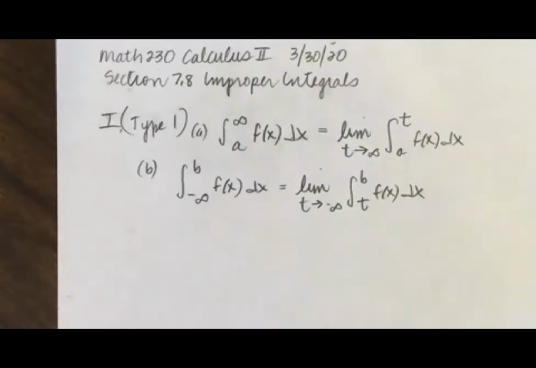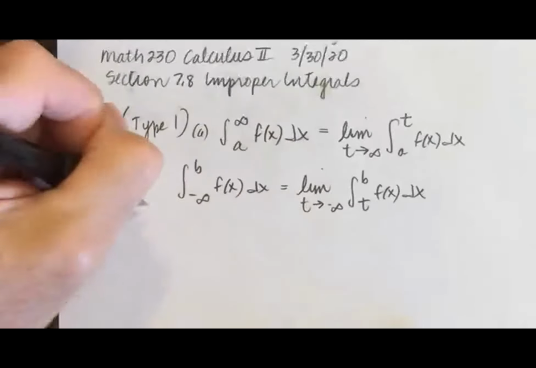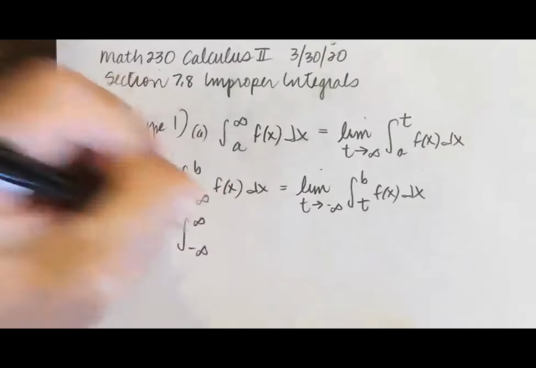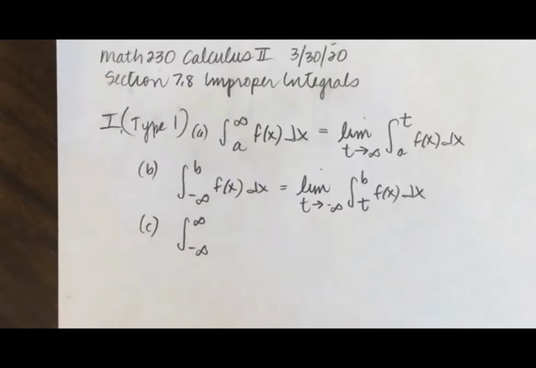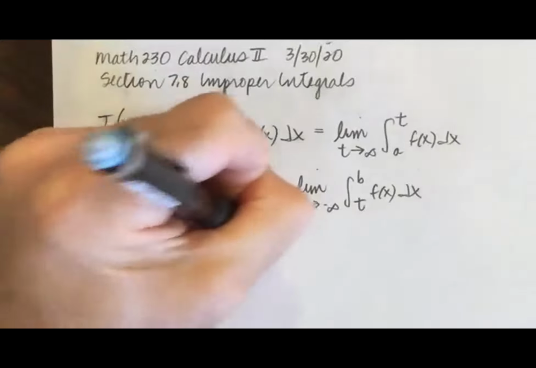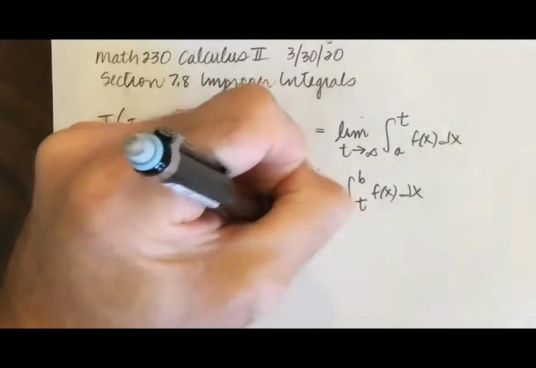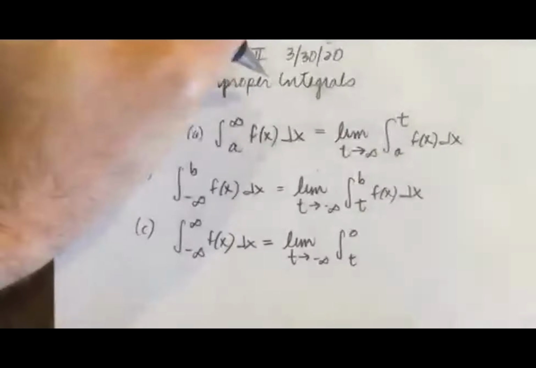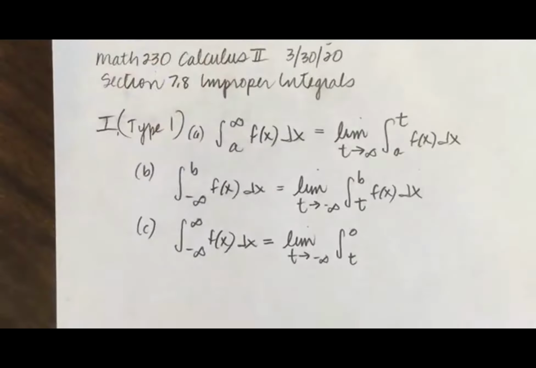So you want to try one? Oh, I could do one more, I suppose. C. If you have an integral that goes in both directions, from minus infinity to infinity, then what we're going to do is take the limit as t goes to minus infinity of the integral from t to 0 of f of x dx. We usually split it at 0, although we could split it anywhere we want.